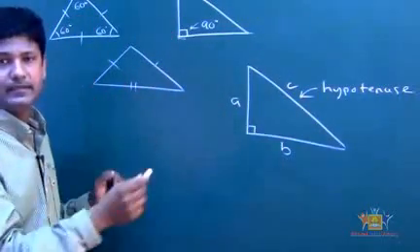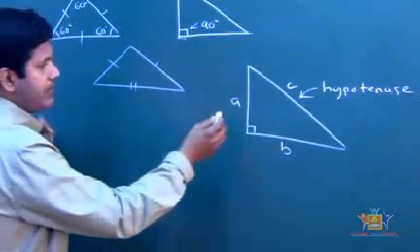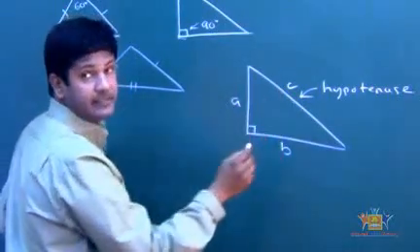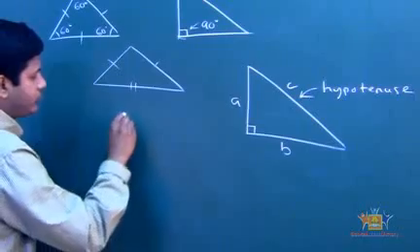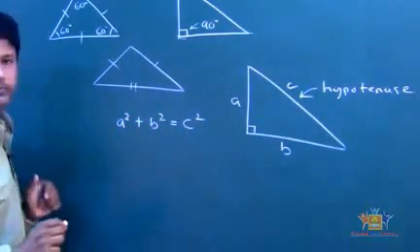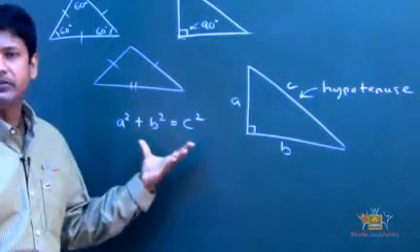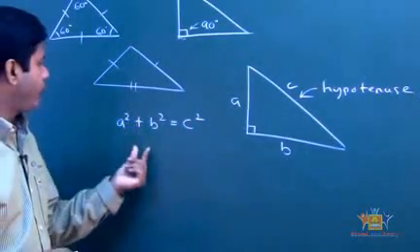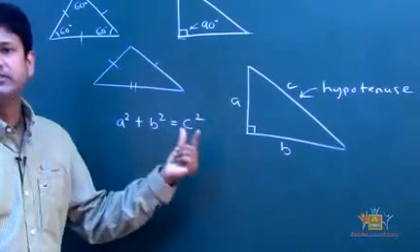The relationship between A, B and C is A squared plus B squared equals C squared. That is the Pythagorean theorem. A squared plus B squared equals C squared.